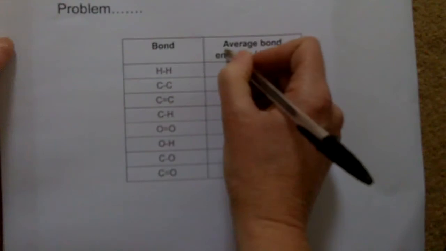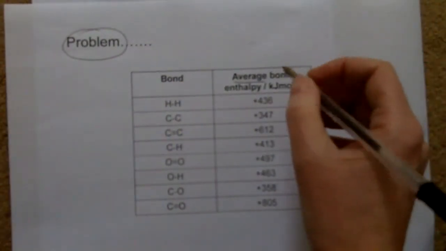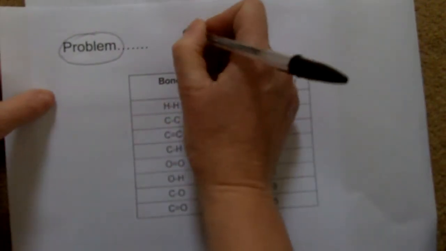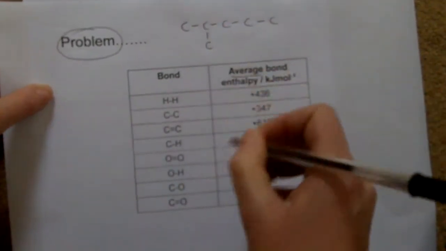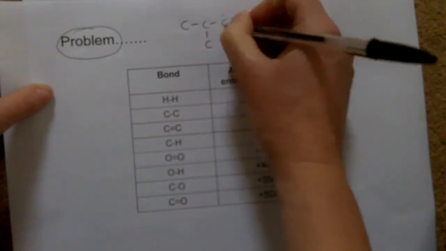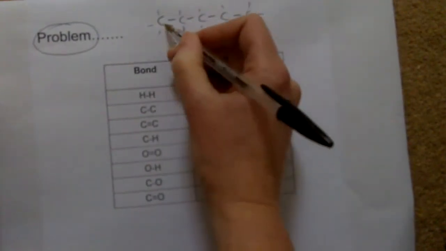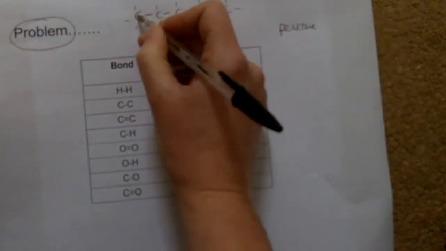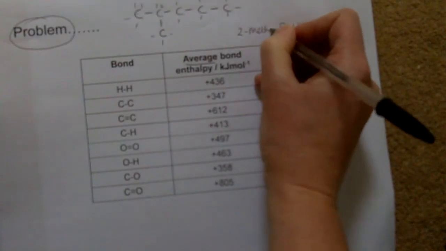You can see here though it says the word average bond enthalpy, because the problem is that each bond has a slightly different strength. So if we take this compound here, with all the hydrogens on, can you name this compound? 1, 2, 3, 4, 5, pentane, and then 2,2 methyl pentane.